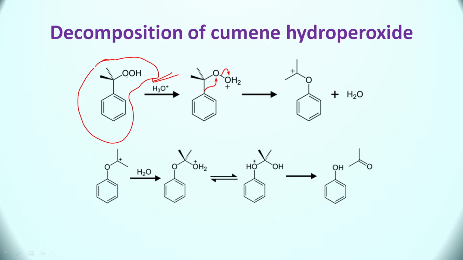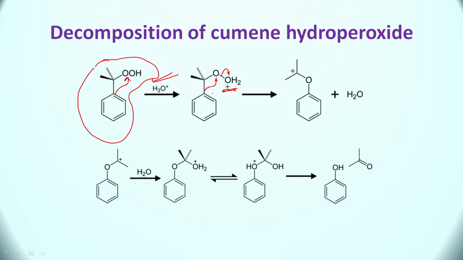Actually, if OH is present, the ring can attack, but since OH is a poor leaving group, there is no leaving of OH when the phenyl ring attacks the oxygen. But when you treat with H plus, the OH becomes H2O plus. We know that H2O plus is a best leaving group.